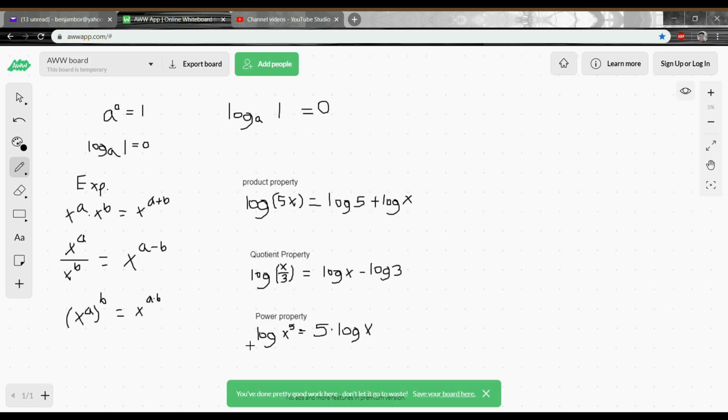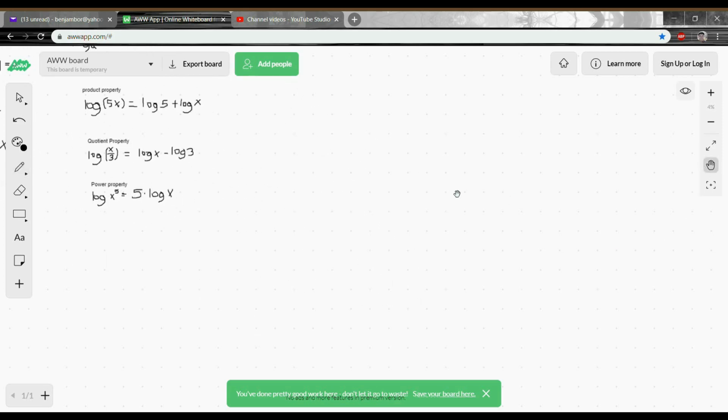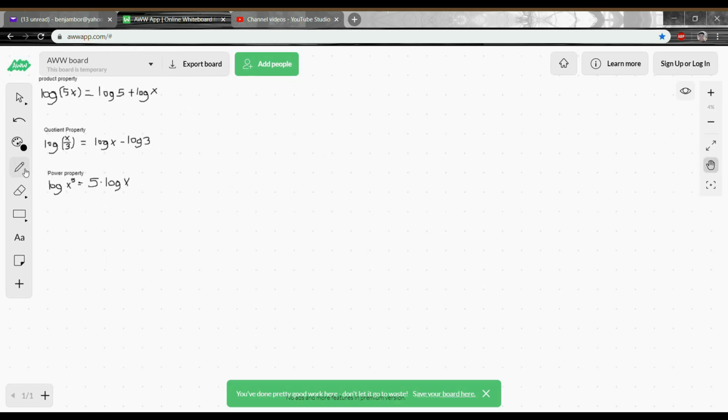Now that we've introduced those, we are going to do some practice problems with them. So let's say we had the logarithm base 2, now the base doesn't matter, we're just writing it, of x divided by 17.